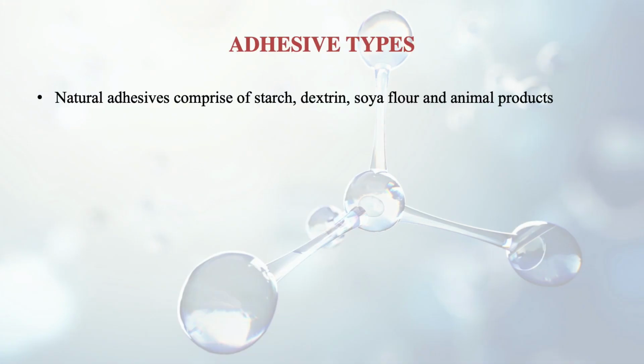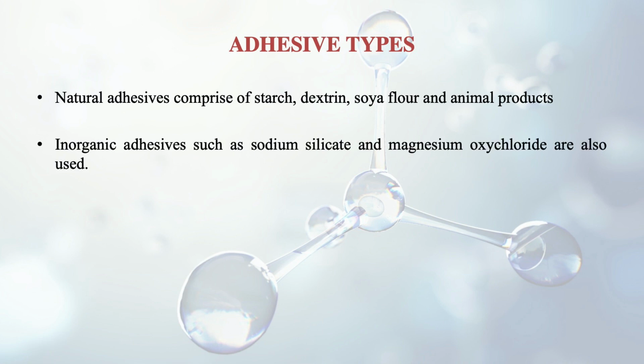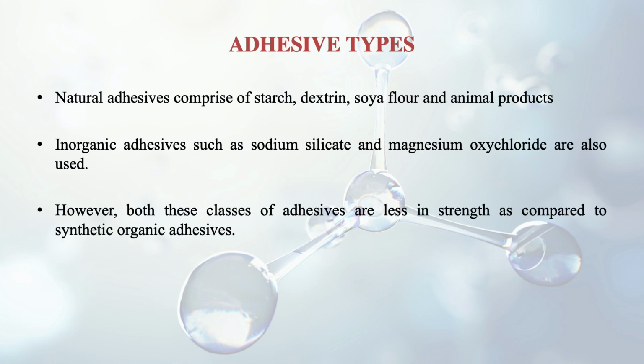So after discussing the structural and non-structural types, there are the natural adhesives also, and they comprise starch, dextrin, soya, flour and animal products. Then there are the inorganic adhesives also, some of which are sodium silicate and magnesium oxychloride. However, both these classes, the natural and the inorganic, are very weak in strength as compared to the synthetic organic adhesives.